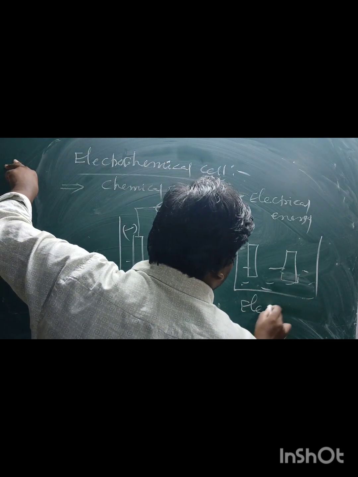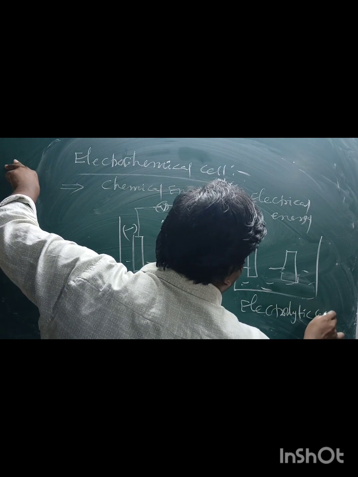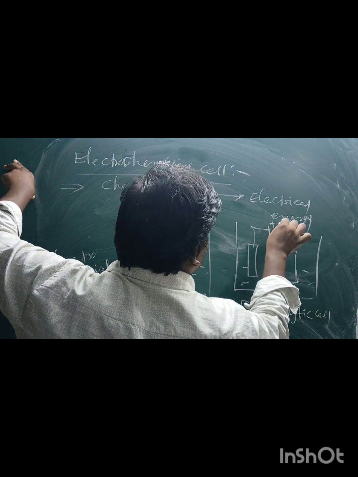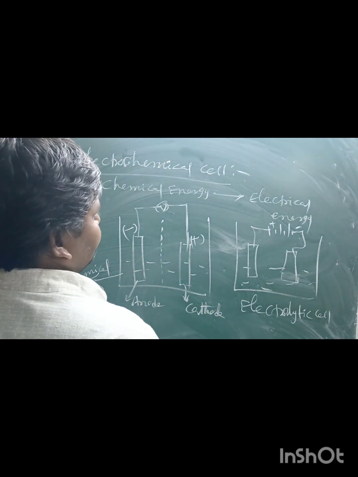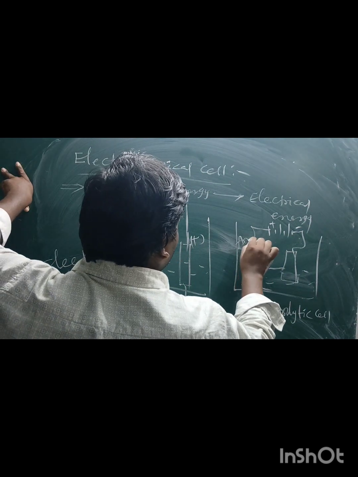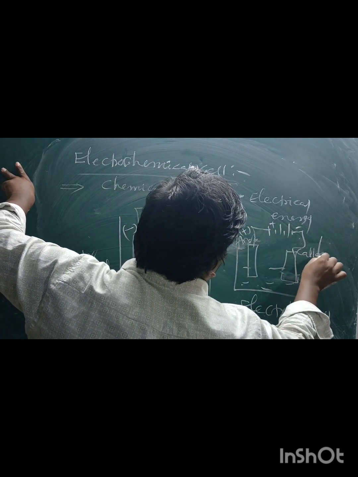In the electrolytic cell, the anode carries positive charge. The polarity of the anode is positive, and the polarity of the cathode is negative.